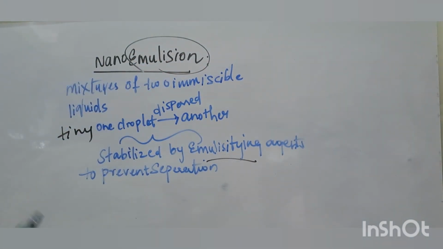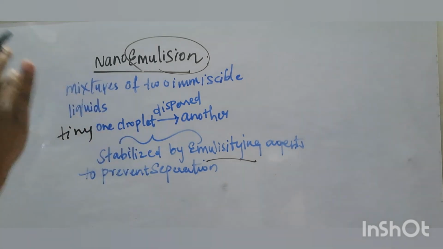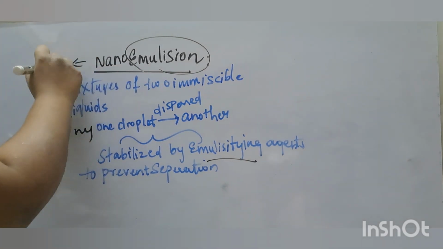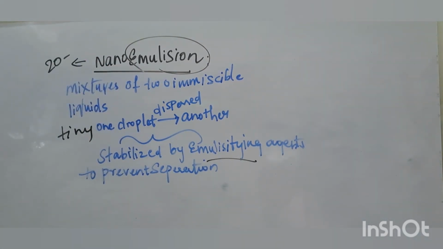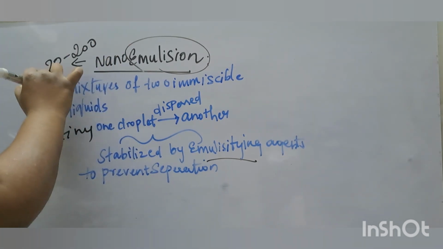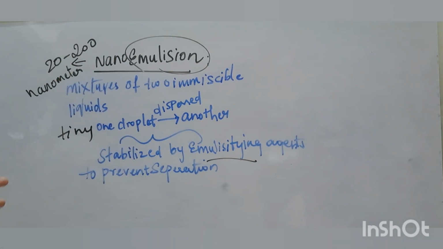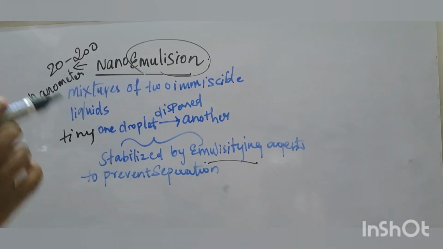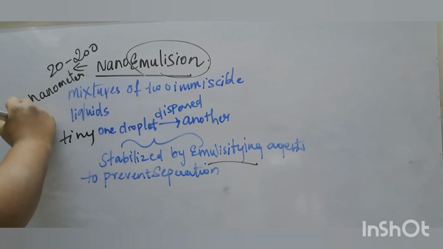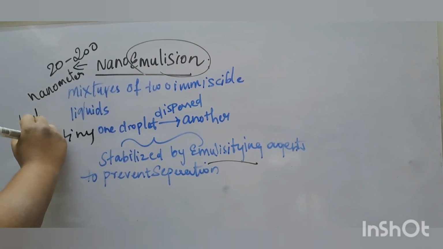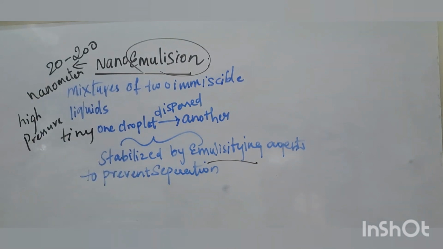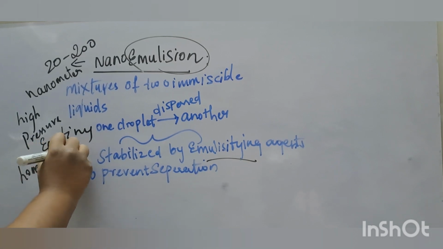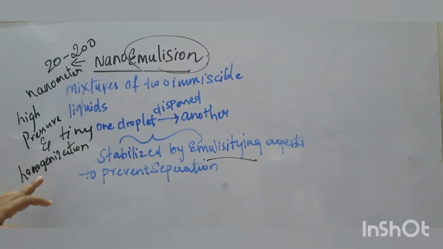Okay, so what do emulsion and nano do together? The definition is the same, but here we are using nano with the range of 20 to 200 nanometers, with high pressure and homogenization.